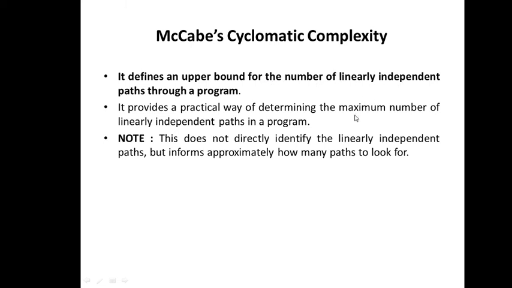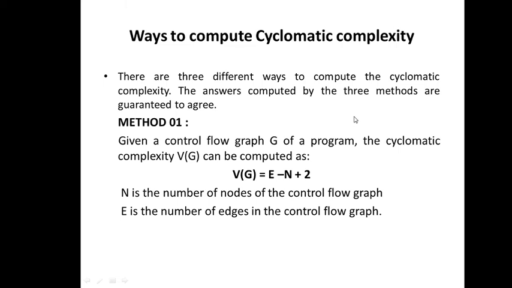Then by hit and trial, we can easily identify those. So how to calculate that cyclomatic complexity, which is indicated by Vg? We have 3 distinct methods for this. All the 3 are very simple, you just must be clear with them.